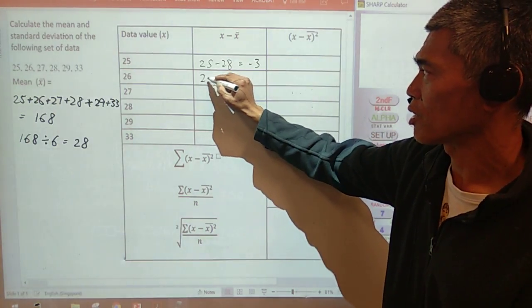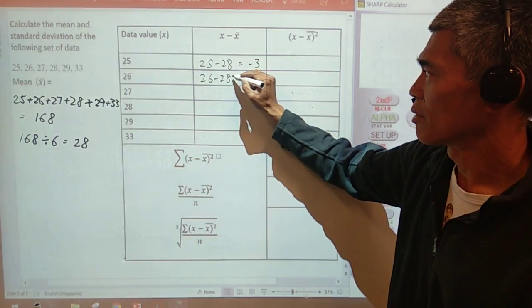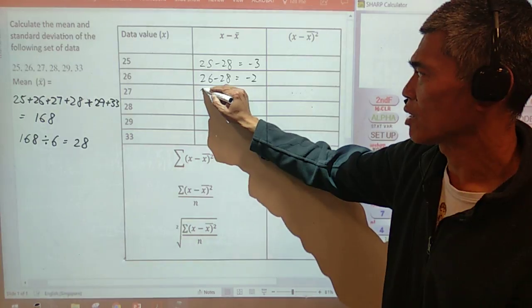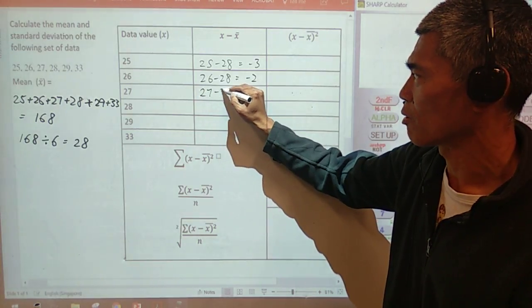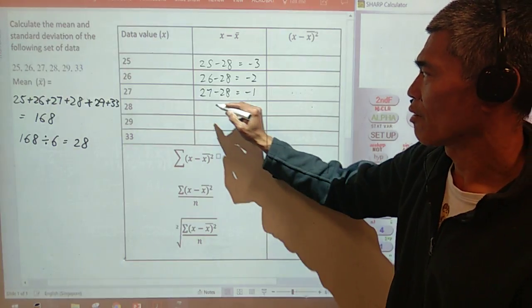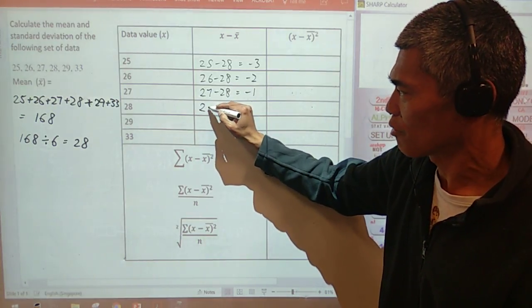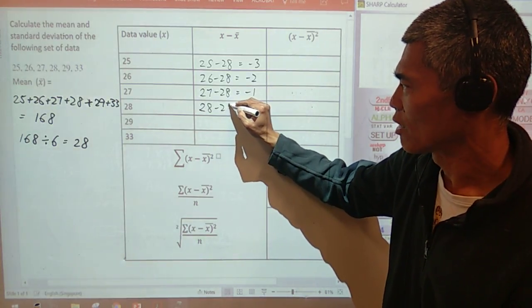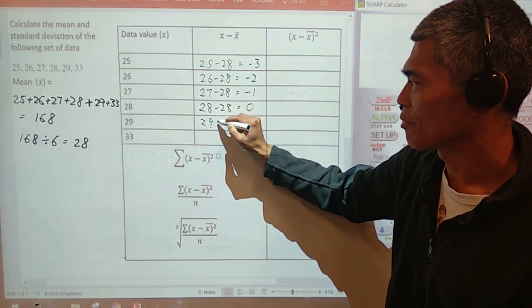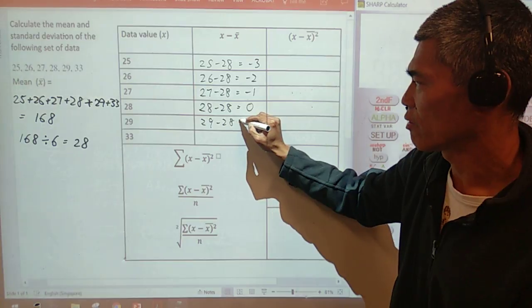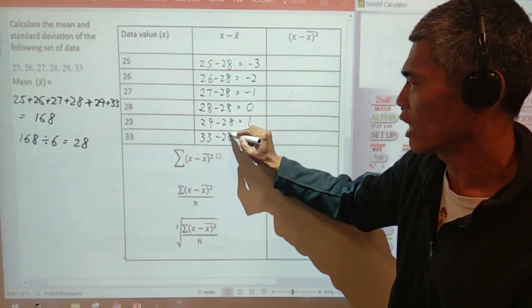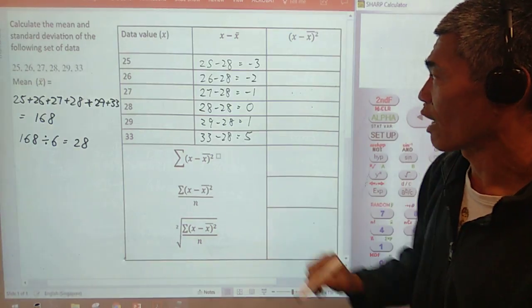And we have 26 take away 28, that will give you minus 2. And here's 27 take away 28, that gives you minus 1. And not finally yet, but we have 28 take away 28 giving you 0. 29 take away 28 giving me 1. And 33 take away 28 giving you 5.